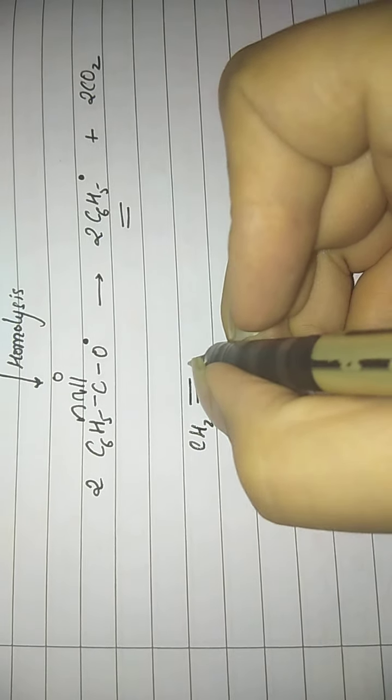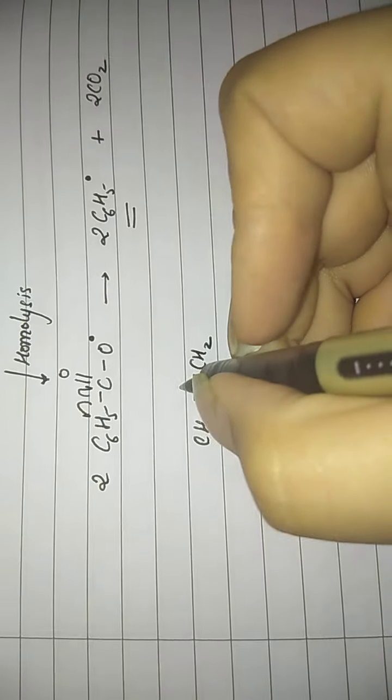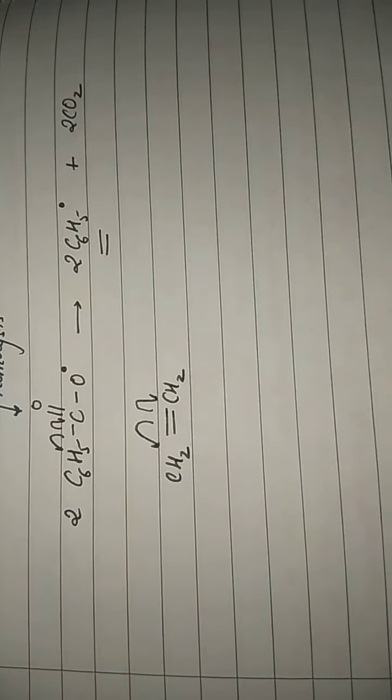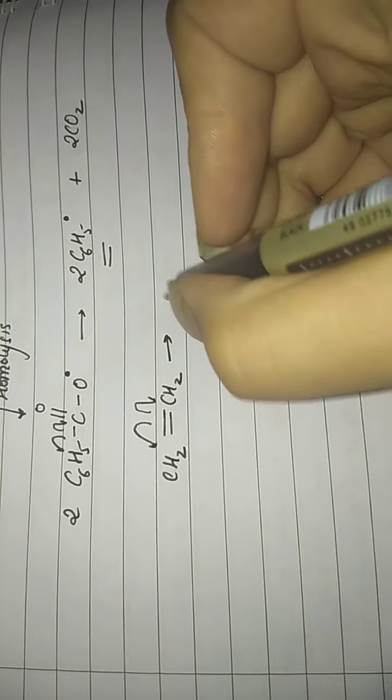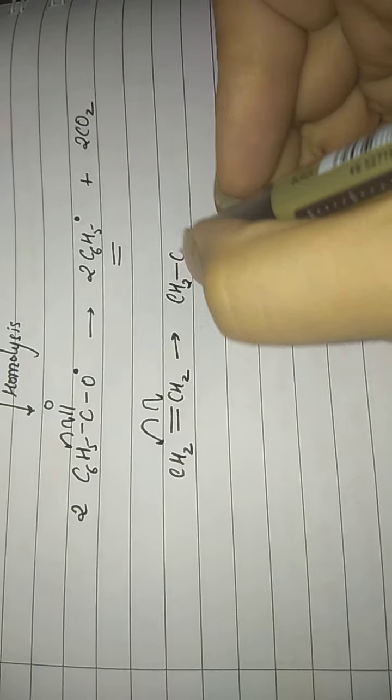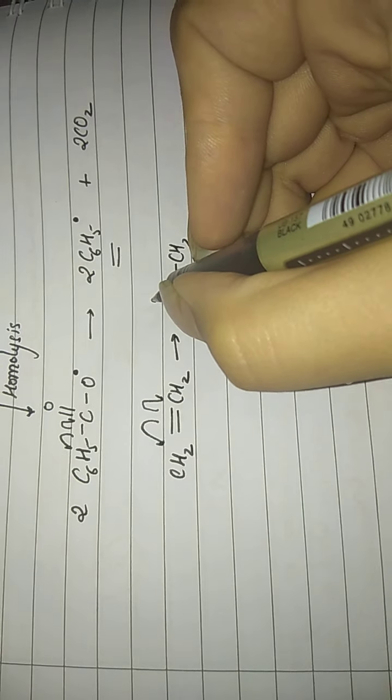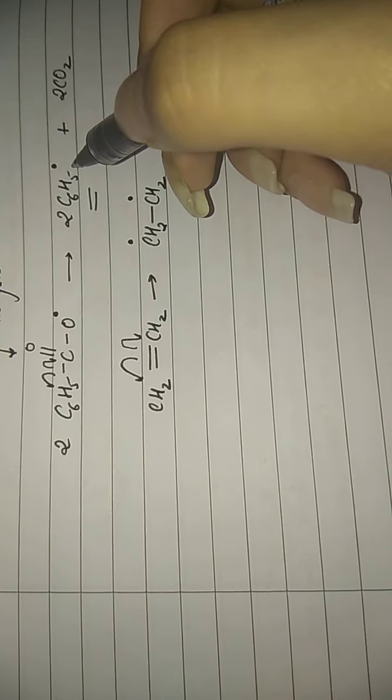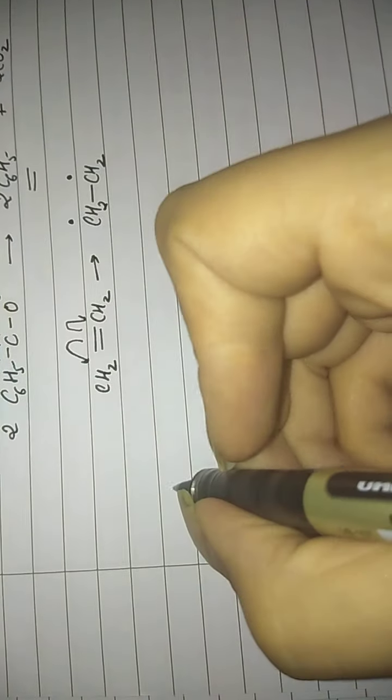If this is your ethene molecule, first of all the pi bond undergoes homolytic cleavage to form this. Then this C6H5 radical attacks on this particular molecule. How does it attack?